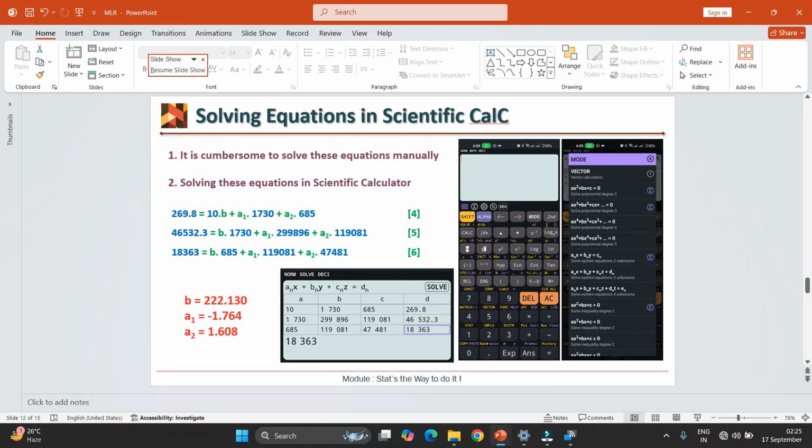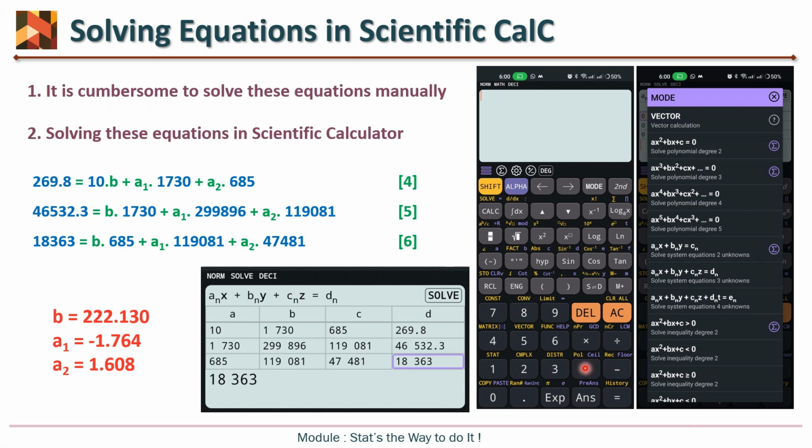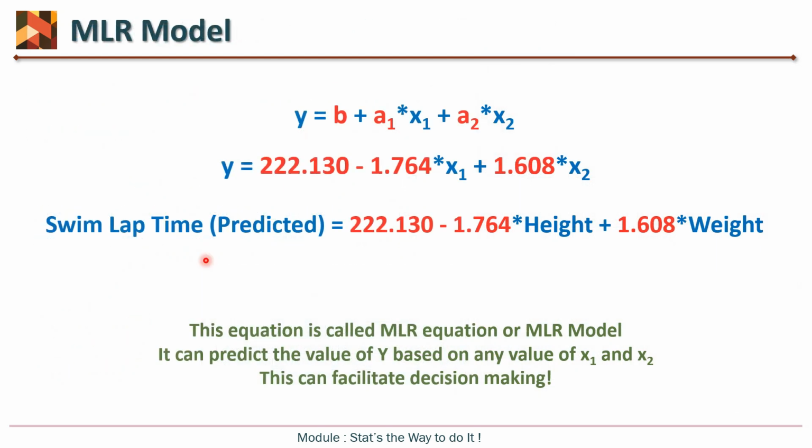Now let's get back to the slide. So we have got the values of B, A1 and A2. Now we will put these values in the general MLR equation. Our equation was y equal to B plus A1x1 plus A2x2. So we got these three values from the calculator. Directly we will put them in the model. As the value of A1 was negative, the plus sign will convert to minus.